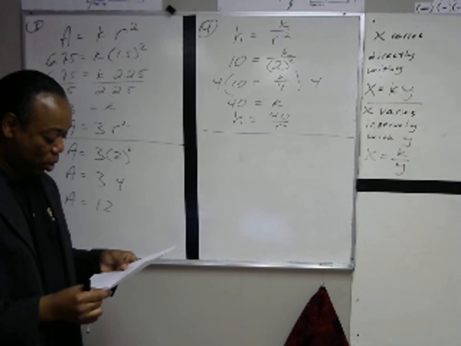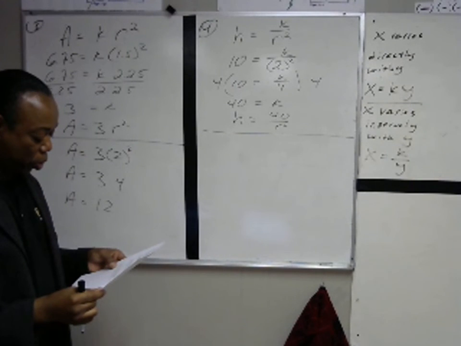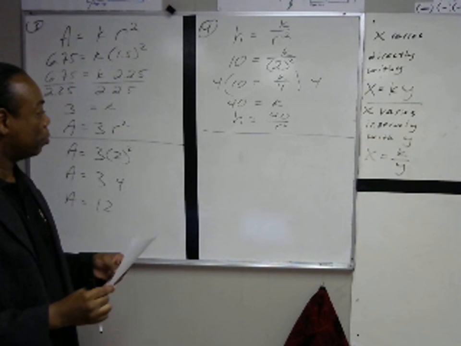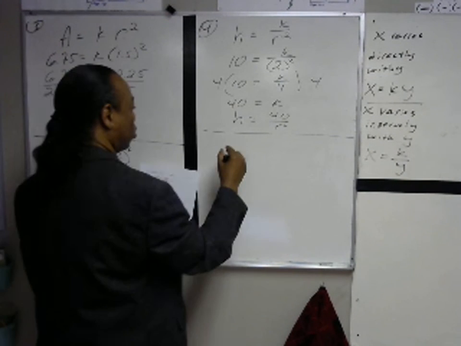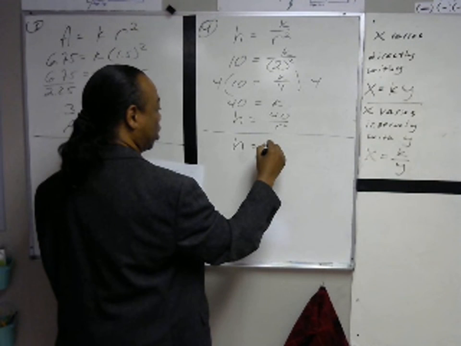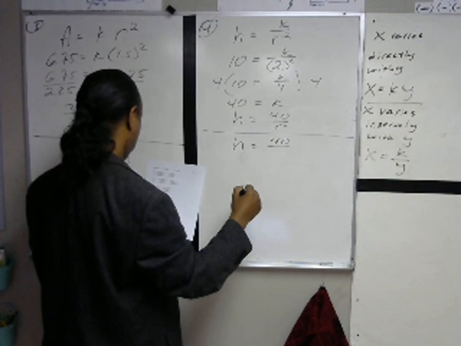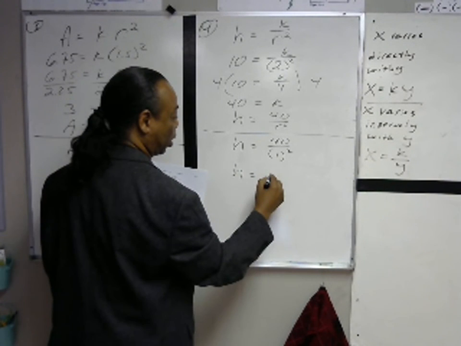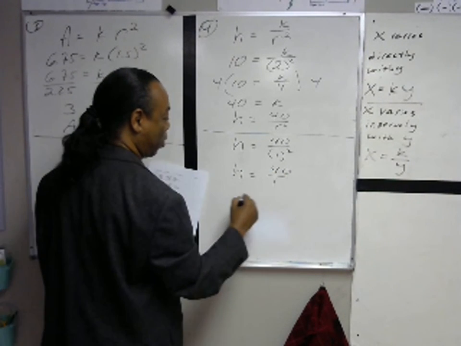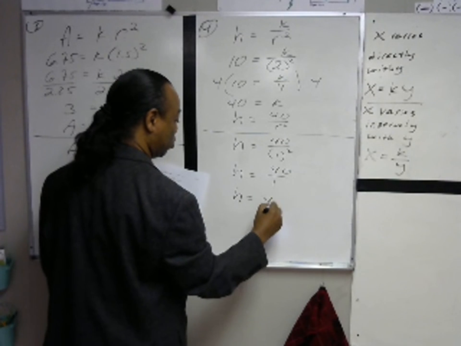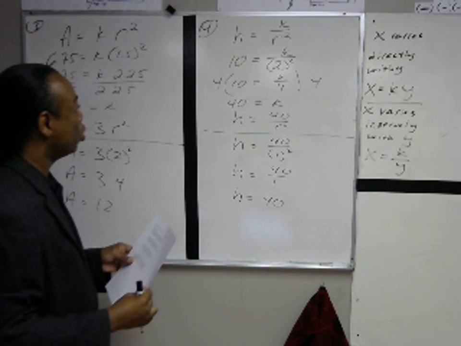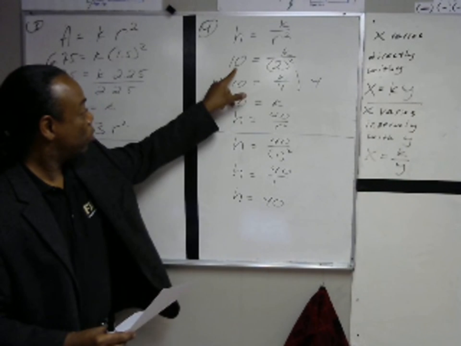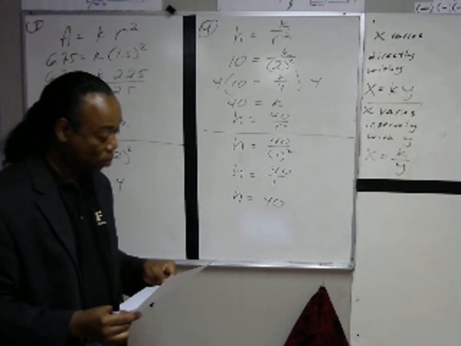Furthermore, what will the height be if the radius is 1 to preserve the volume? Okay, so the height will be 40 over a radius of 1 to the second power. 1 to the second power is still 1. 40 divided by 1. So we'll have to change the height to 40 in order to preserve the volume, whereas before the height was 10, if the radius was 2.